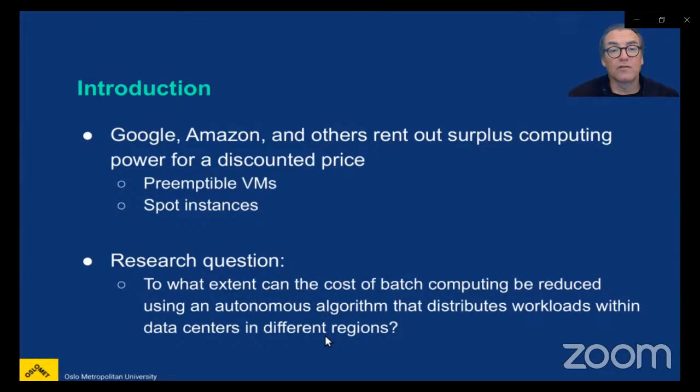Google calls this preemptible VMs, while Amazon uses the name spot instances. And the research question we are trying to answer with this work is, to what extent can the cost of batch computing be reduced using an autonomous algorithm that distributes workloads within data centers in different regions?